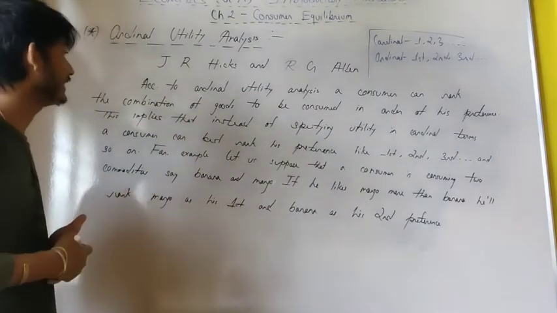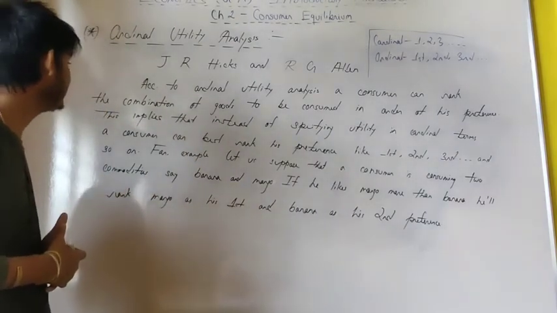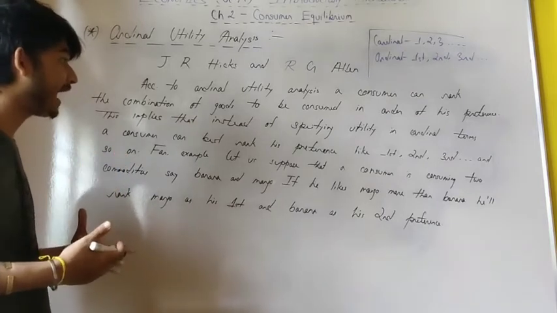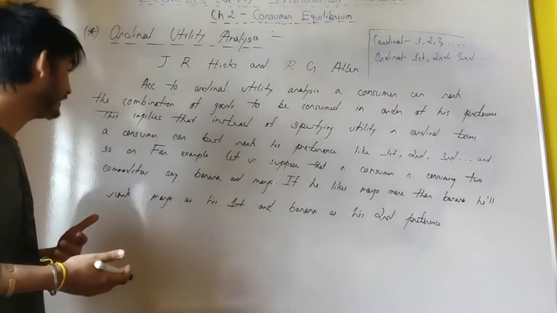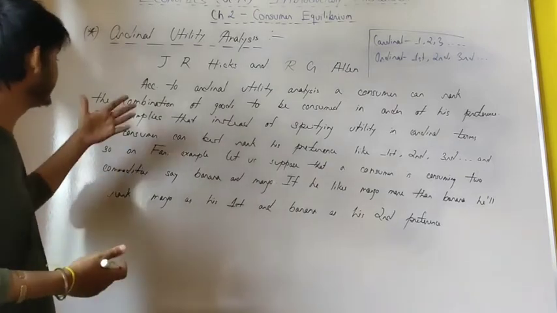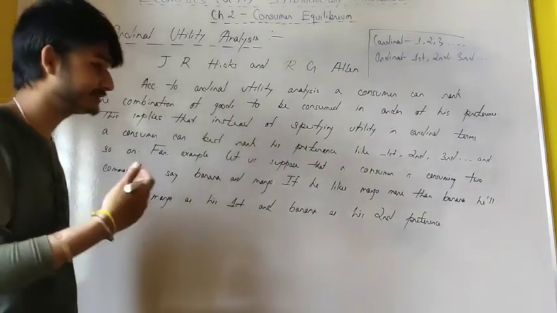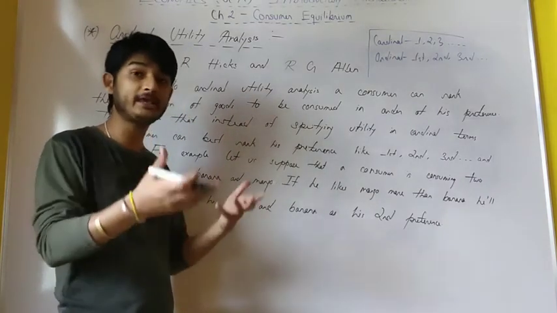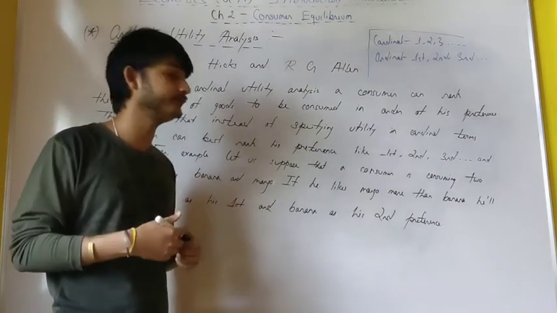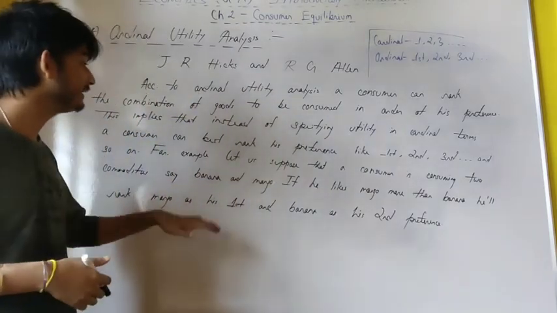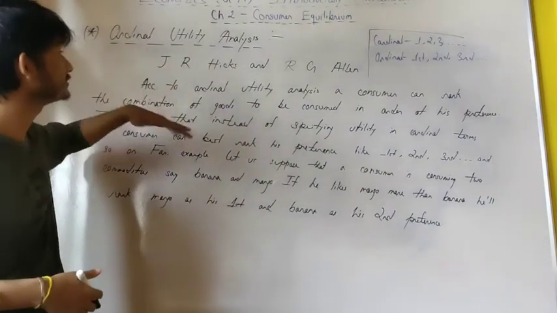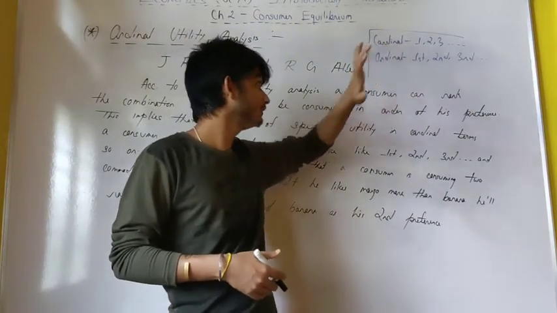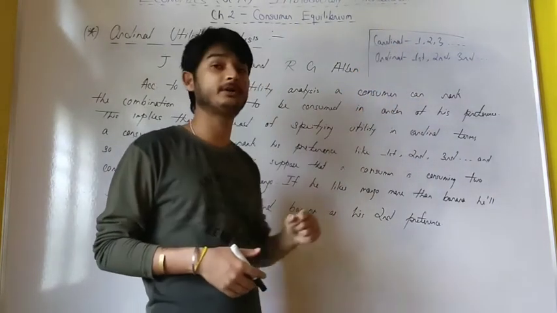So this concept specifically tries to focus on how a consumer is reacting according to his preference. That means how a consumer is showing his preference in terms of ranking. This concept is not giving any specification to the numerical measurement, the cardinal measurement of utility.